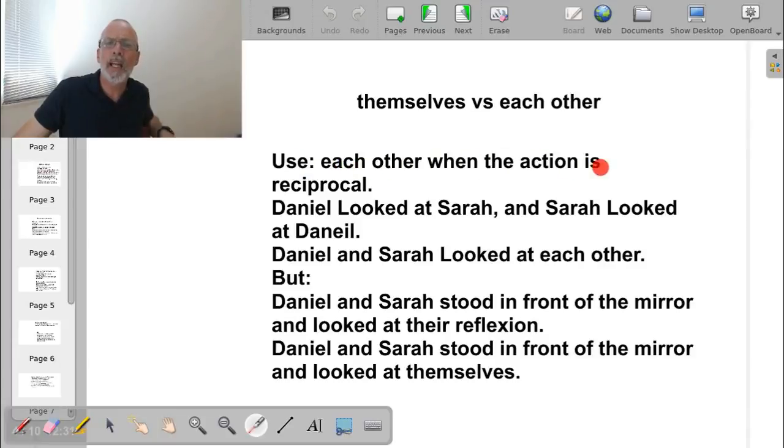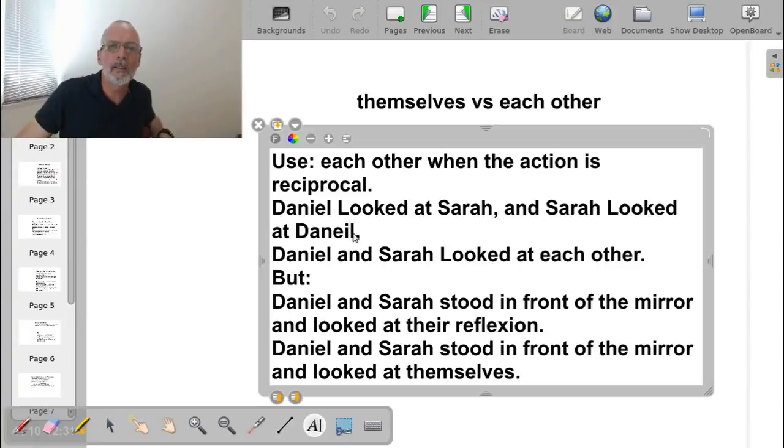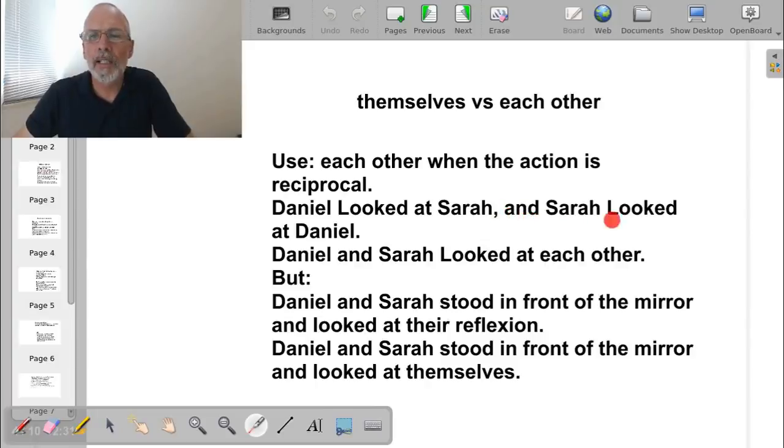Use each other when the action is reciprocal. Look at the examples here. Daniel looked at Sarah and Sarah looked at Daniel.